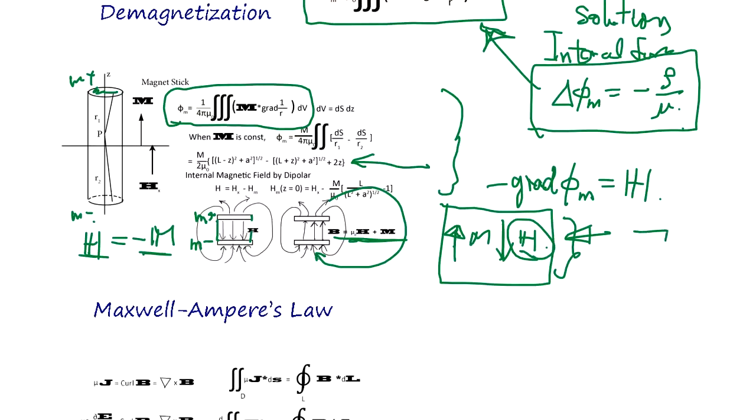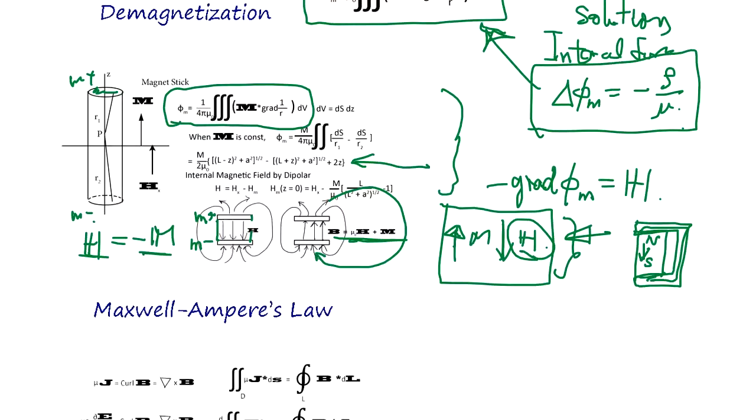So what you do is, if you have a stick, you attach magnetic material this way. This is north, and this is south. Then all the magnetic field goes through here instead of inside the magnetic stick itself.